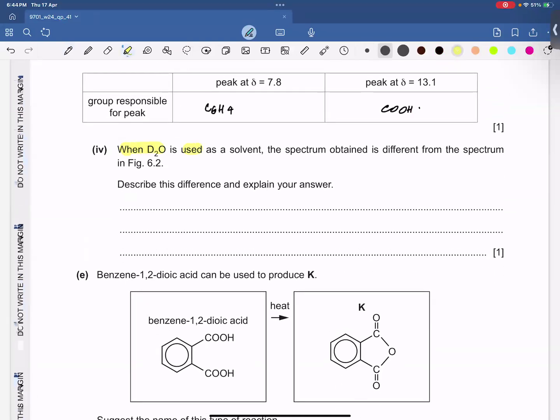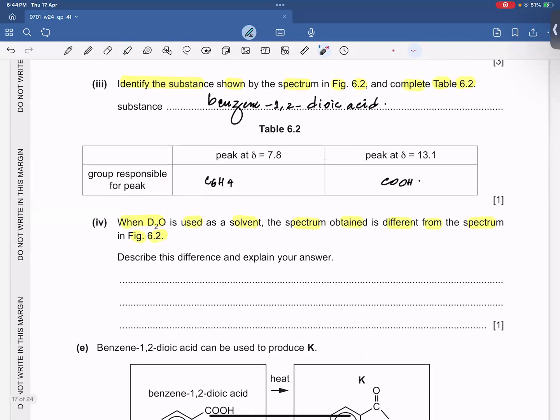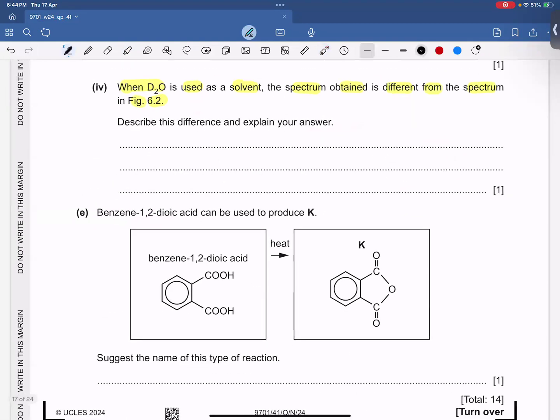When D2O is used as a solvent, the spectrum obtained is different from the spectrum in figure 6.2. Obviously, when you treat this compound with D2O, the proton is substituted with deuterium, and as a result, the peak at 13.1 will disappear from the spectrum.